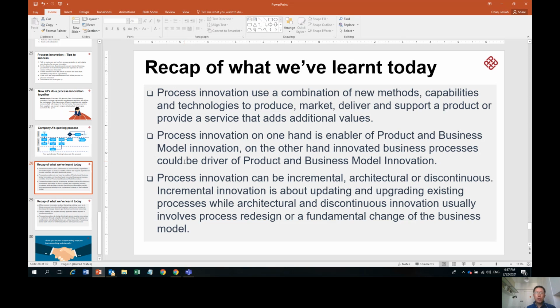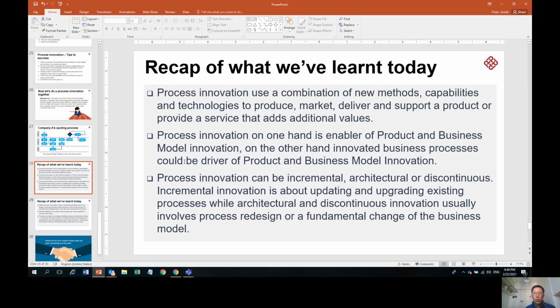As we mentioned before, process innovation on one hand is an enabler of product and business model innovations. On the other hand, innovative business processes could be a driver of product and business model innovations. They can lead to a new product and a new business model. So this is a two-way connection.